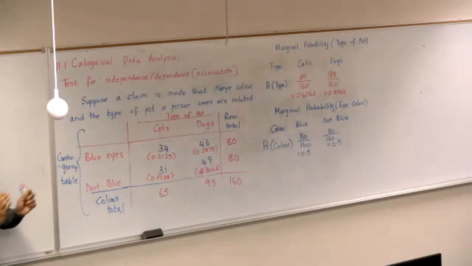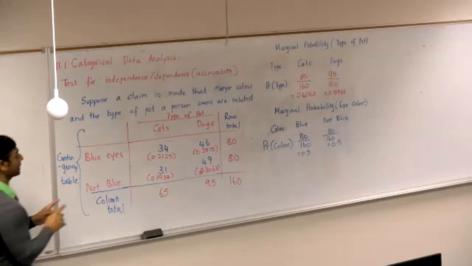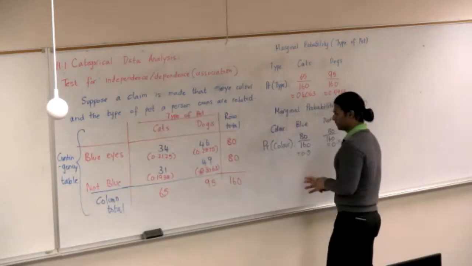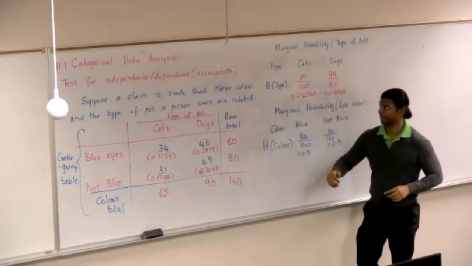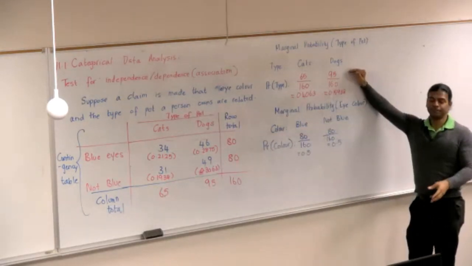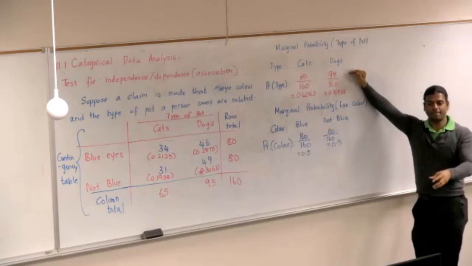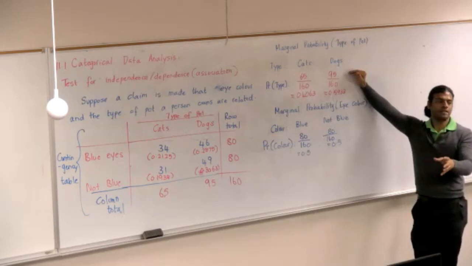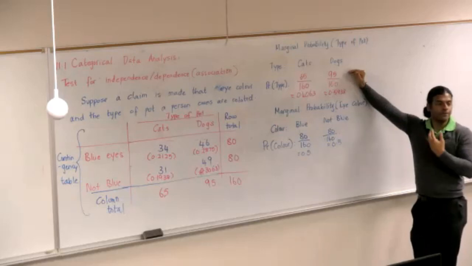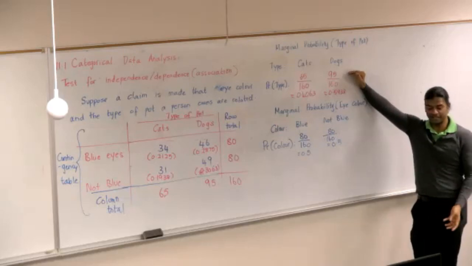Those are all the joint probabilities. The reason I'm doing these is for you to know the difference between a marginal probability and a joint probability. Based on this sample, if I randomly pick a person, what is the probability that person will have a cat? 40.63%?